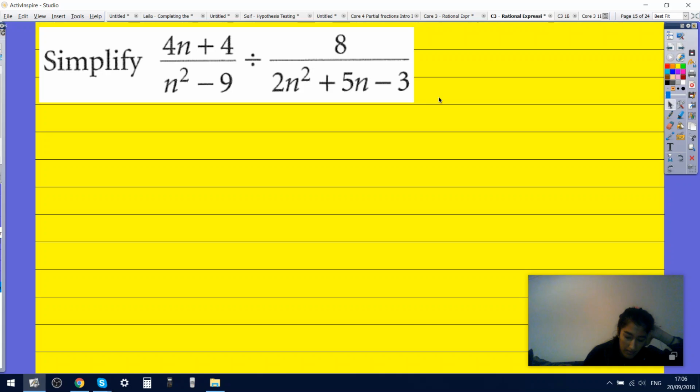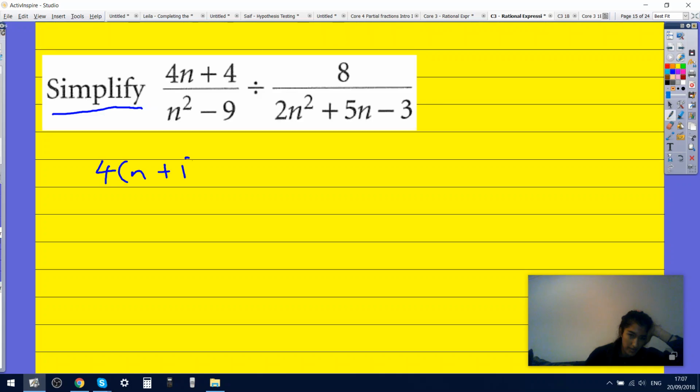Yeah. Like even the 4n plus 4 one? Yeah, anything you can. Okay, so 4 on the outside, then n plus 1 over n squared minus 9. Can you factorize that? I feel like I can't. I could take an n out, but I can't take an n out.